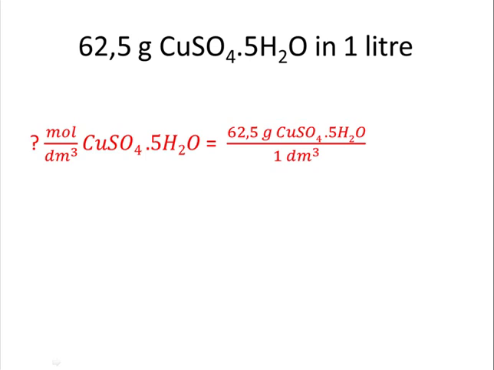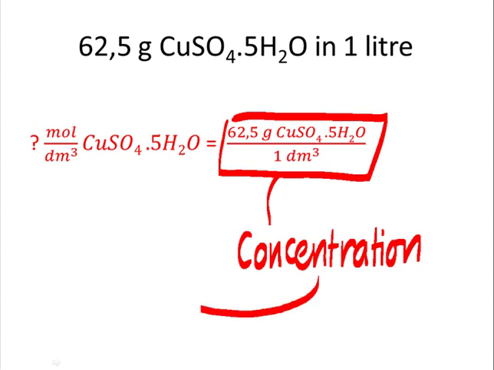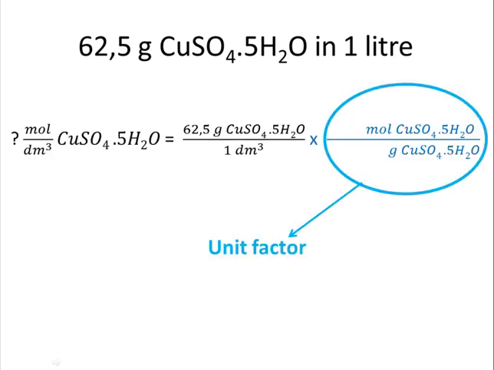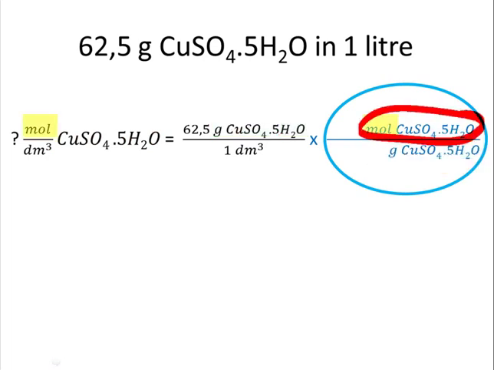So we need to convert this concentration given here into the required unit mole per decimeter cubed rather than gram per decimeter cubed. We do that by multiplying it by a unit factor with grams copper sulfate at the bottom and moles at the top, where both refer to a mole of this.